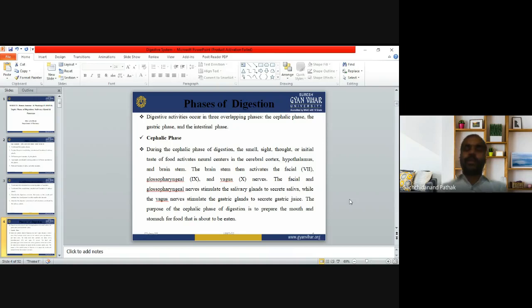Now understand it. In this cephalic phase, the body prepares itself for the food. Still, food is not in the body, but by the smell, by the sight, by the thought, or by the initial taste. When you are passing through a restaurant, you smell a delicious fragrance of food.